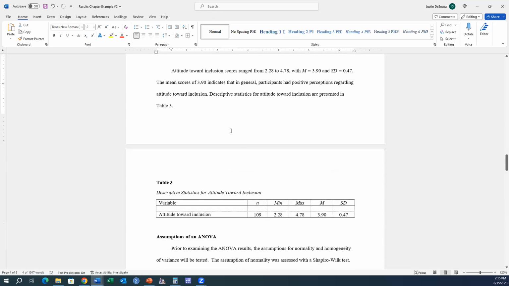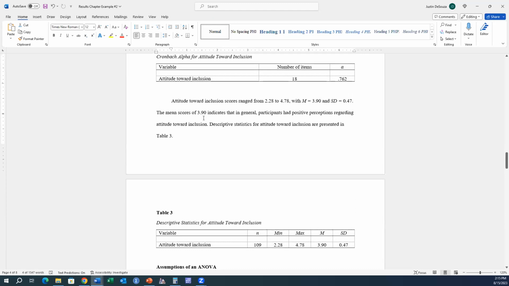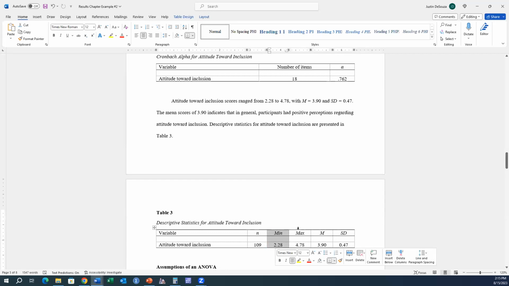And then the third part of descriptive statistics is presenting the descriptives for your variables of interest. Okay, so in this case, attitude toward inclusion, which was a Likert scale based survey. You give the sample size, you give the minimum value for the whole sample, you give the maximum value, you give the mean or the average, that is probably the most important value here, and then you give the standard deviation with representation of the spread.